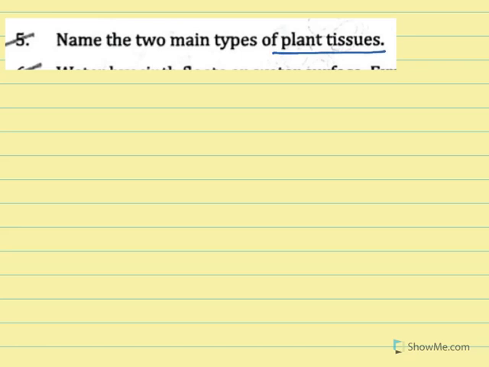Name the two types of plant tissues. The two types of plant tissue are the meristematic tissue, which produces similar cells and keeps on dividing, and then we have the permanent tissue.